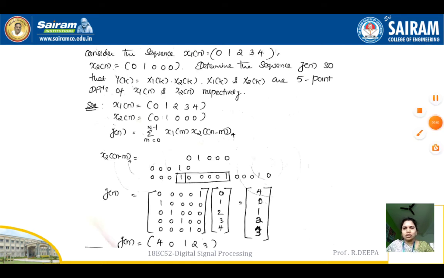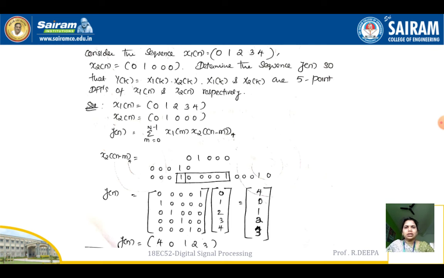So this is another problem statement. You have a sequence x1 of n, another sequence x2 of n is given. You have to determine the sequence y of n so that y of k is equal to x1 of k into x2 of k, and x1 of k and x2 of k are 5-point DFTs of x1 and x2 of n respectively. So what you understood is, we have been given two sequences. You have to find y of n, whereas the hint is y of k is equal to x1 of k into x2 of k.